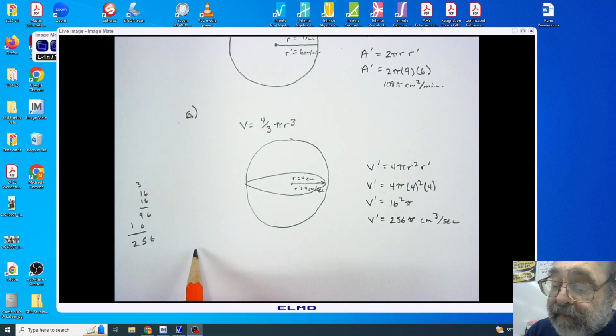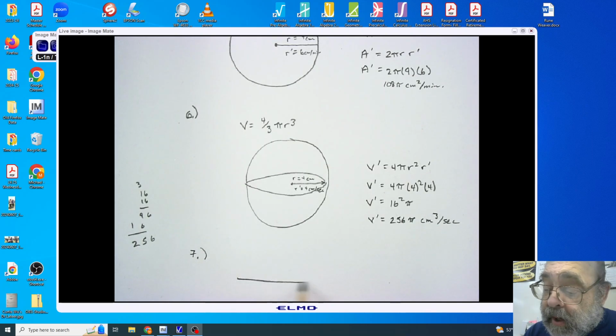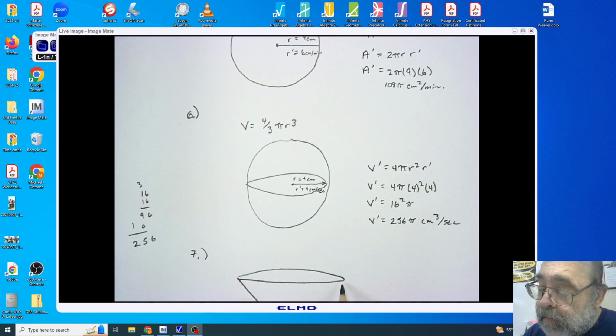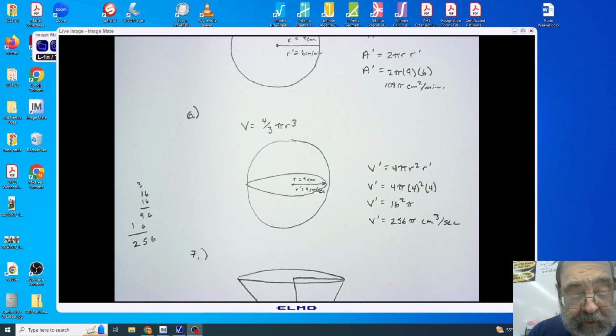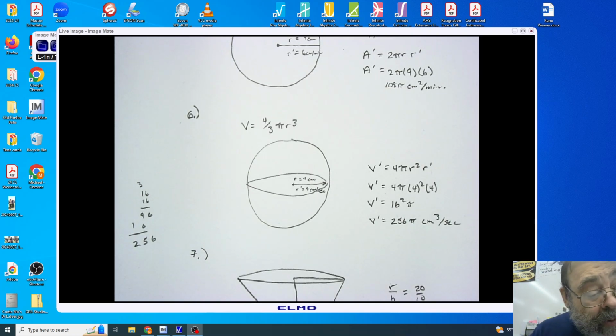This brings me to number 7, a conical paper cup. So I'm going to go ahead and draw a paper cup. That's a cone. Putting in my information will give me a proportion. Remember, cones require a proportion for us to work with between our height and our radius. They tell us that the radius is 20 and the height is 10. So I'm going to go r is to h as 20 is to 10, and therefore I have r equaling 2h. Knowing that r equals 2h, I can now substitute in the given formula.